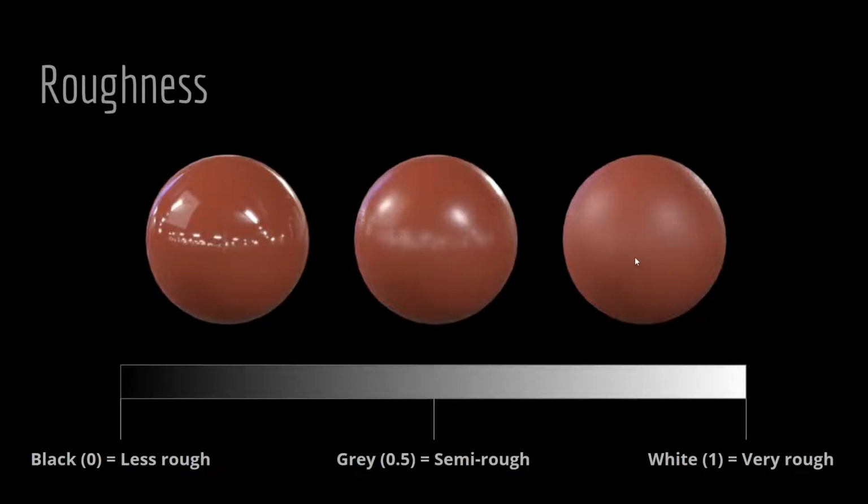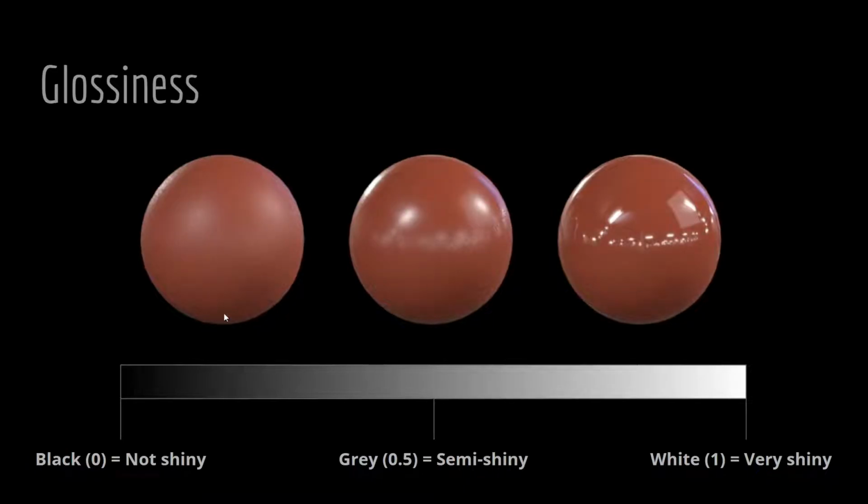And here we can see on a shader I had set up that the lower our value is in the roughness, so 0, the more sharp or shiny our reflections are. And as that roughness value gets closer and higher to 1, then those specular reflections are getting blurrier and blurrier and blurrier. And again, going back to something I mentioned earlier, glossiness and roughness are the inverse of each other.